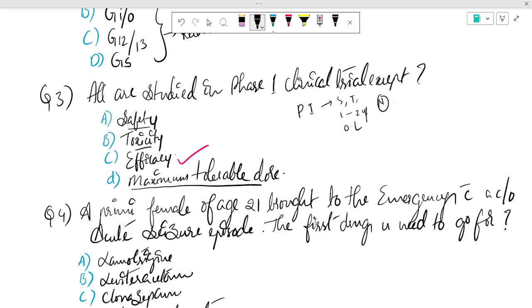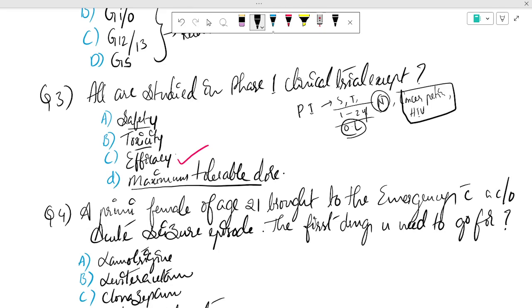But if the drug you are about to try is a cancer medication, then you can do it on cancer patients, no problem with that. And one more exception is HIV medications, you can do this trial on HIV patients. So exceptions don't bother, but the main points are safety, tolerability, maximum tolerable dose, 1 to 2 years, open label trial, done in normal, healthy volunteers.